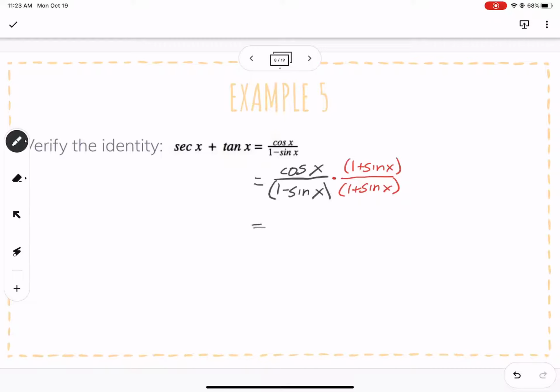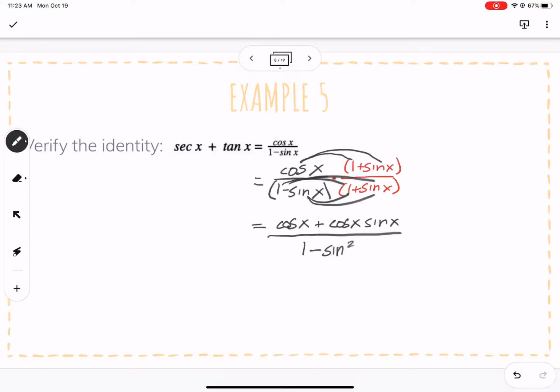So when I do that, when I multiply cosine times 1, I get cosine. When I multiply cosine times sine, I get cosine sine. And in my denominator, when I multiply all of this out, you might know some of the shortcuts, but you can multiply the whole thing out. But I'll tell you, we end up getting 1 minus sine squared.